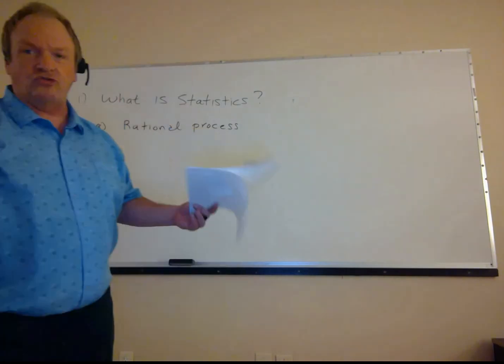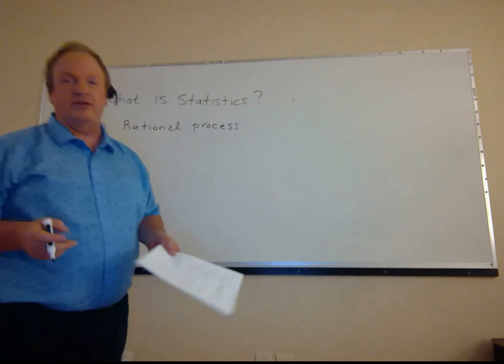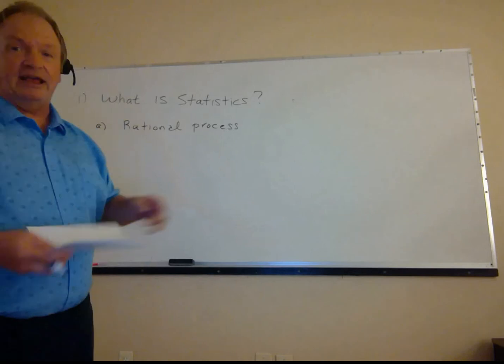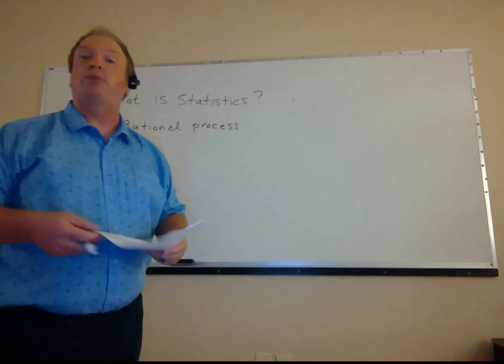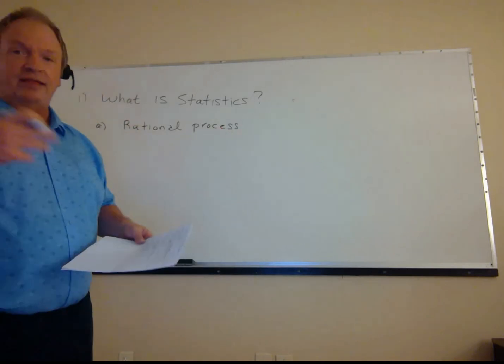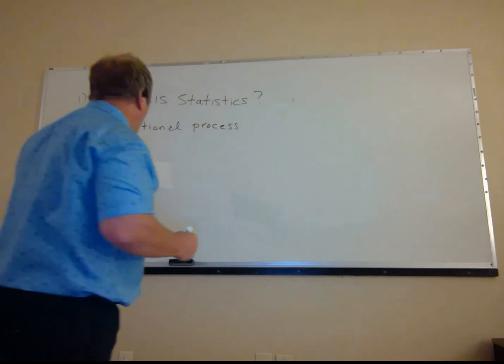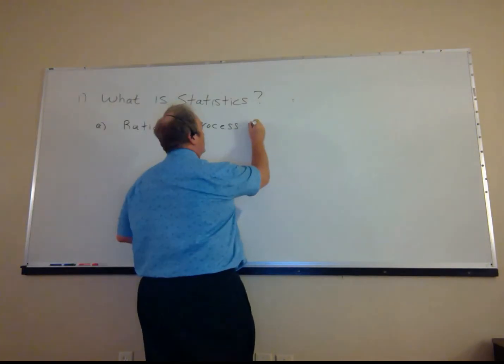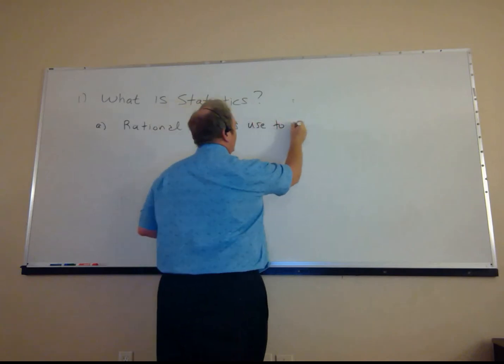Not like astrology where, you know, people say it works and if you ask why, they can't tell you. In this case, there actually is a reason why statistics works, and it's probability theory. And we're going to get into that as the class goes on. So we could say that it's a science that we use to make decisions from data.